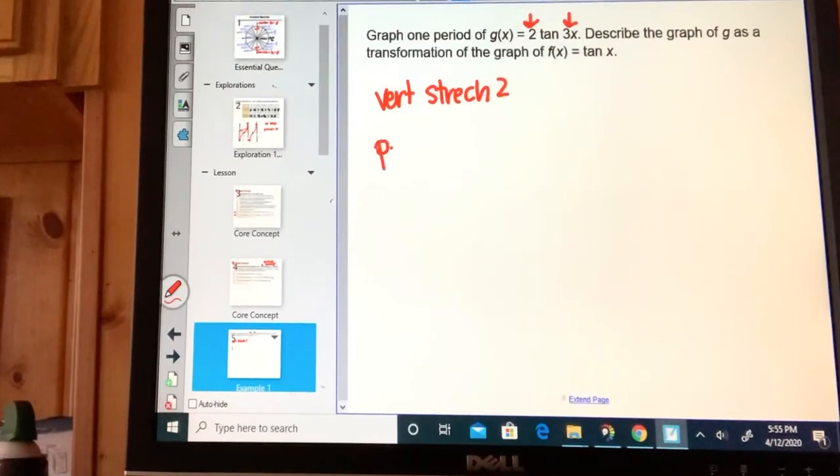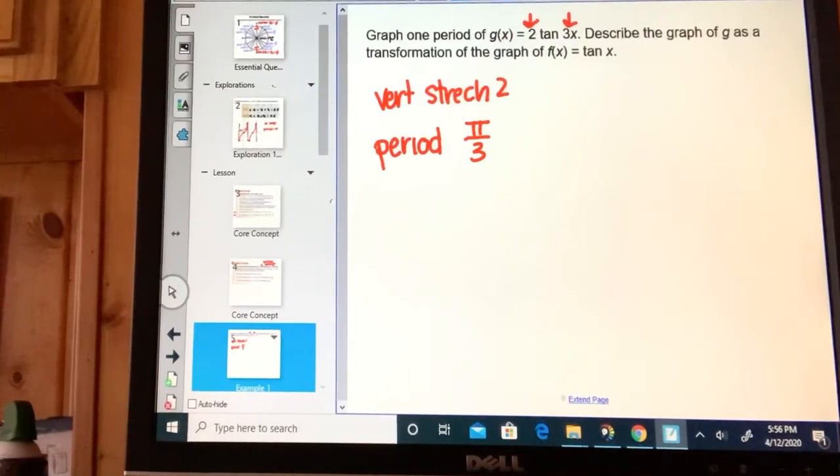So the period of this function is pi over 3. Okay, so what this is saying is it's going really, really fast. Instead of going all the way around a circle in 1 pi, it's literally happening 3 times in 1 pi.